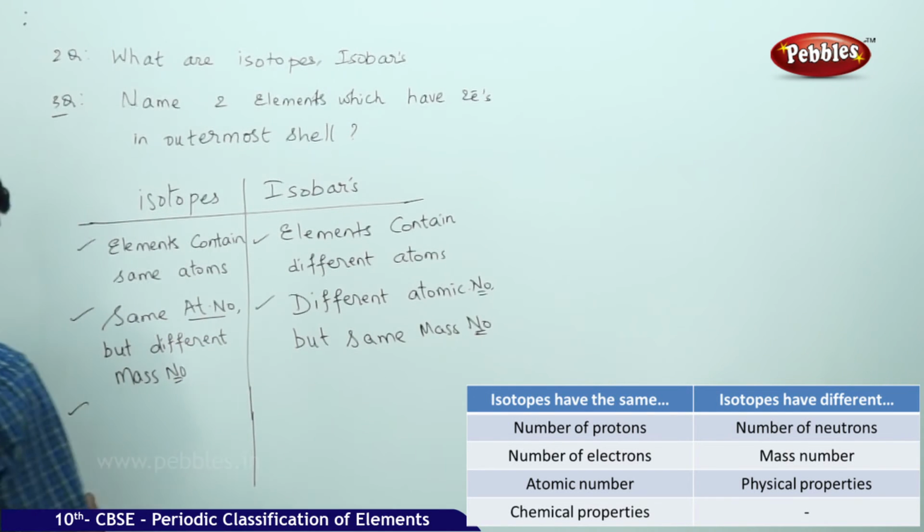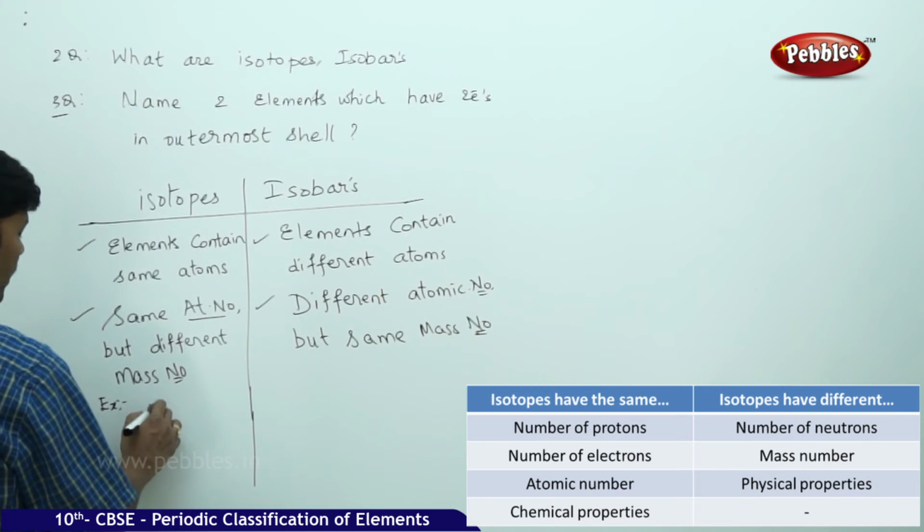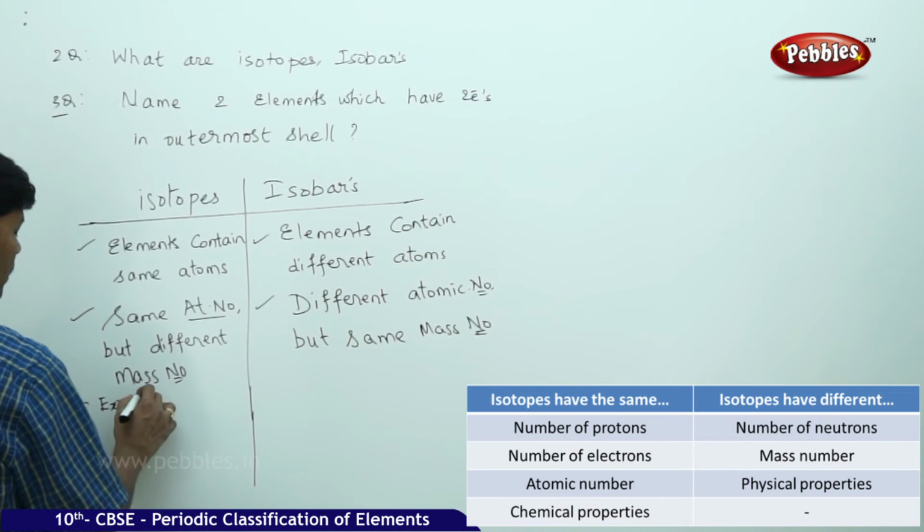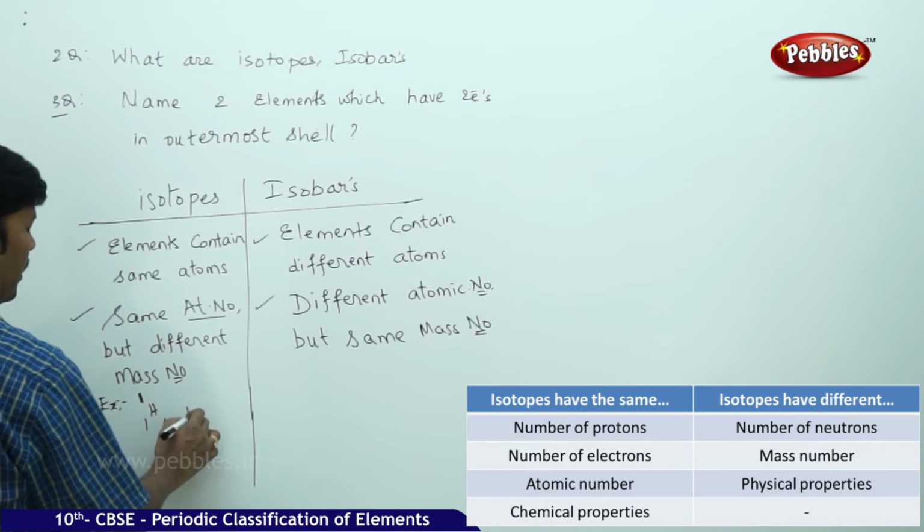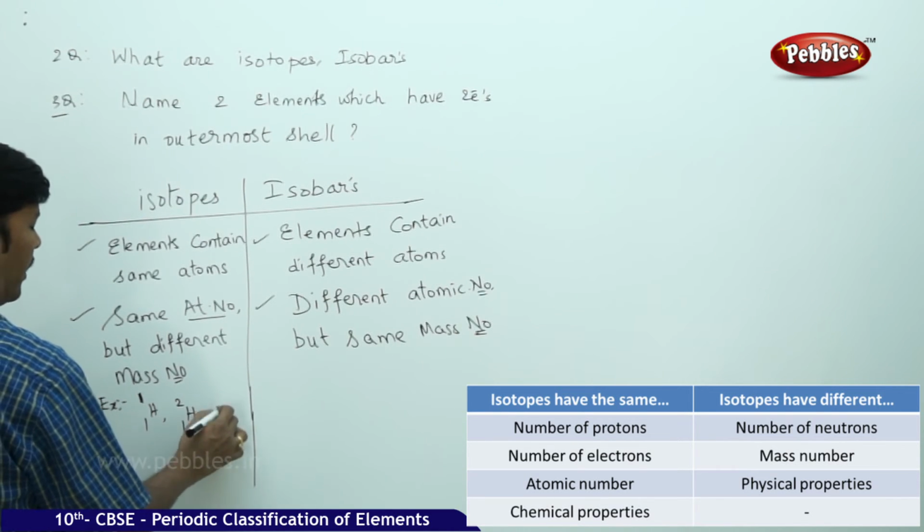Here you can take plenty of examples. You can take 1H1, 1H2, 1H3.